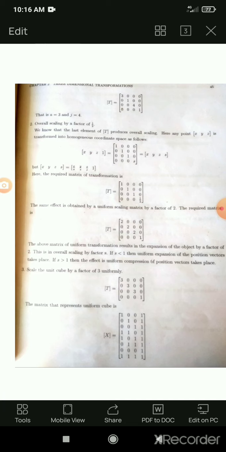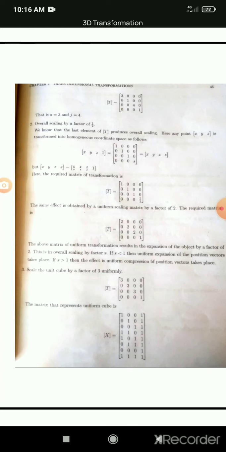So here the last element is 1 by 2, and if we take 2, these two get cancelled and we get 1.